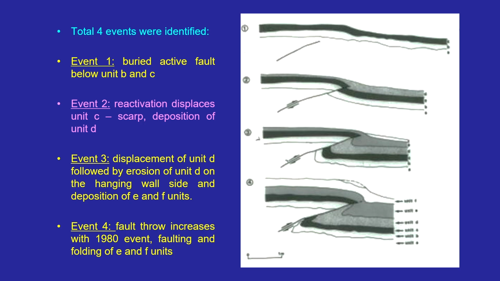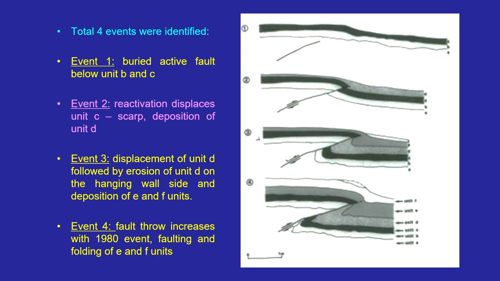1980 event. Mostly what we do is that we go for retrodeformation after identifying the similar units. If we come across them on both the walls or on either side of the fault, then we try to compare that and do the retrodeformation. For example, A1, or this is 1 here, which they have given.